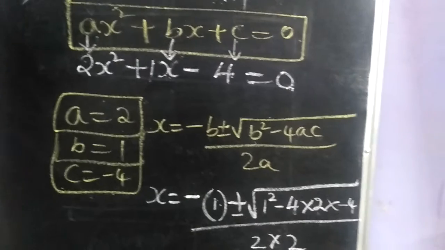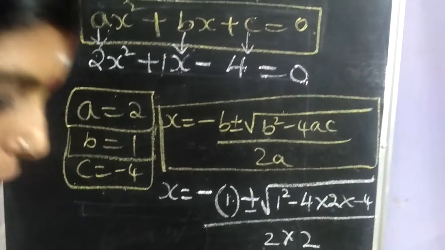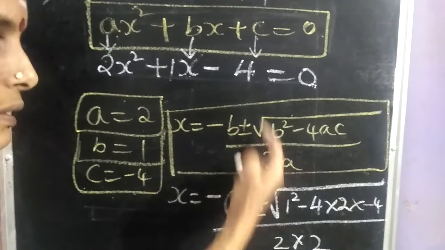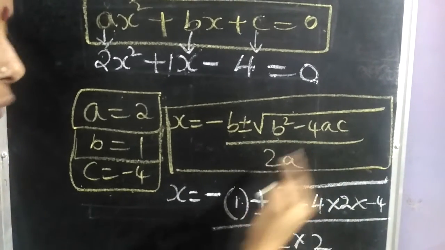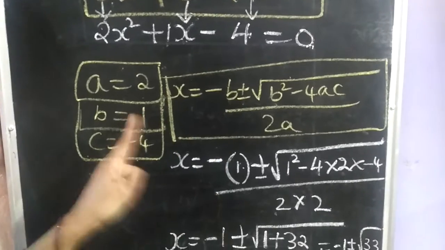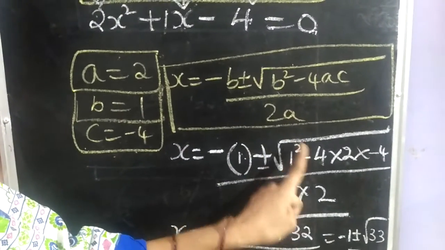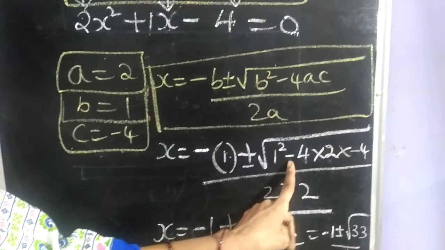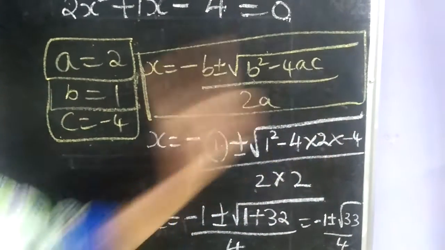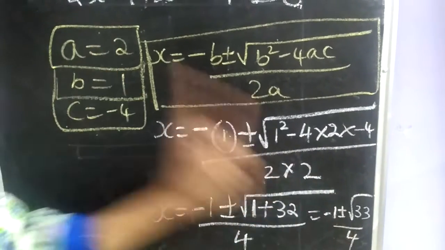Next, write the formula. So always write the formula. Formula will be giving you marks. x is equal to minus b plus or minus root of b square minus 4ac by 2a. So x is equal to minus, b takes the value 1 here, plus or minus root of 1 square, that is b, minus 4 into a is 2. c is minus 4 by 2 into a, again a is 2.